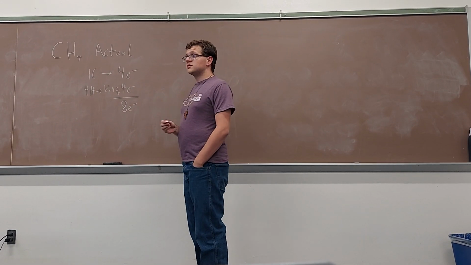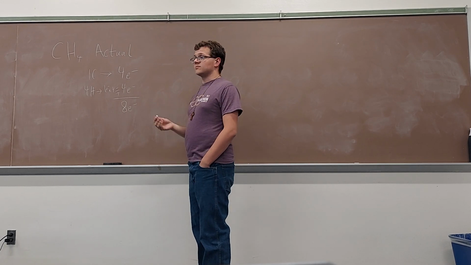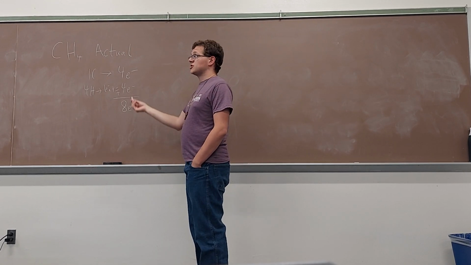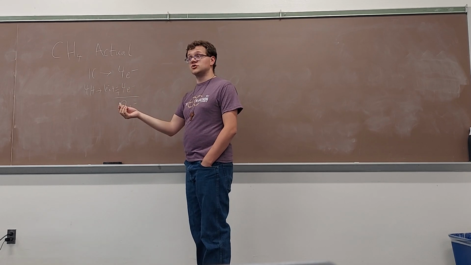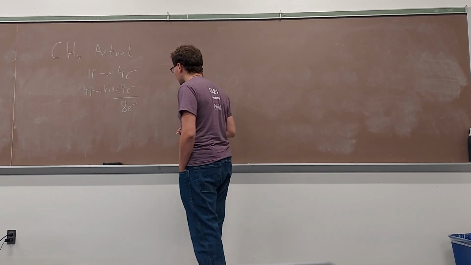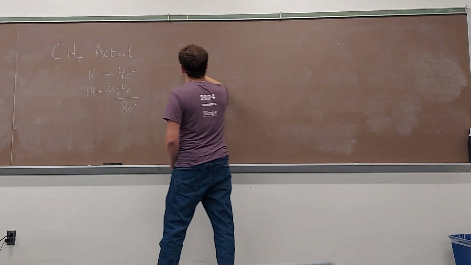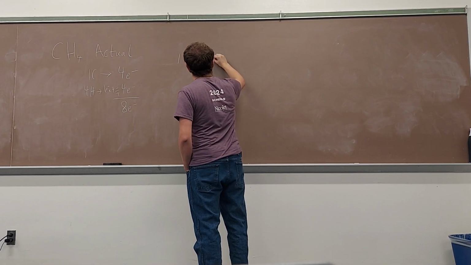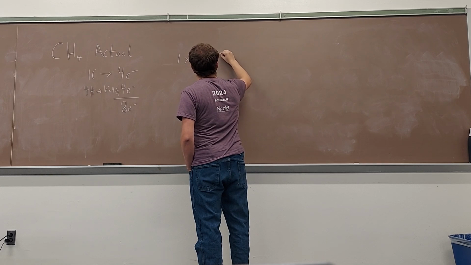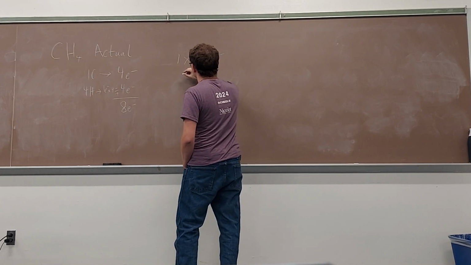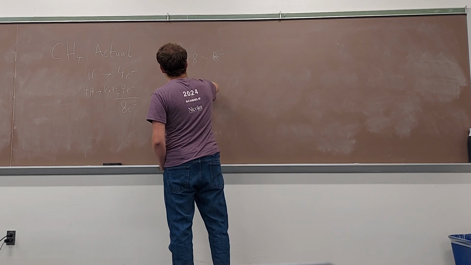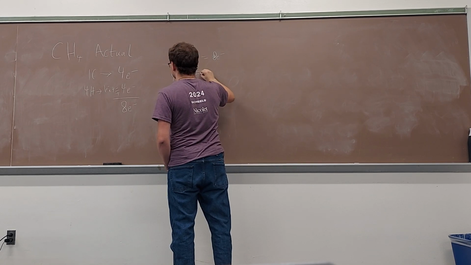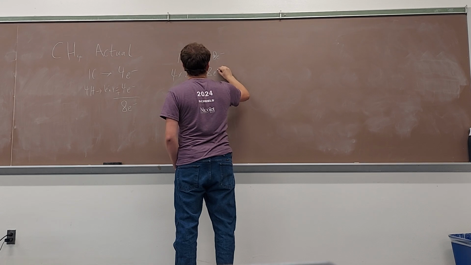Now, what would it look like if all of these atoms were by themselves, separate from each other, and had their full octets, or duets in the case of hydrogen? Well, carbon wants an octet, so we take 1 times 8, which is 8 electrons. And for the hydrogens, we have 4 times 2, which also gives us 8 electrons.